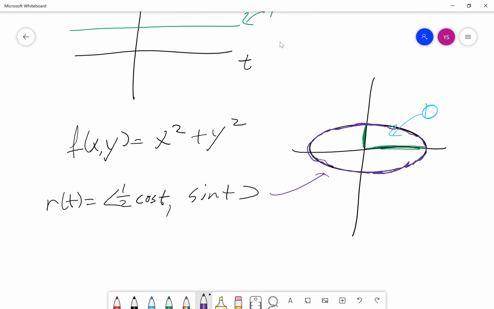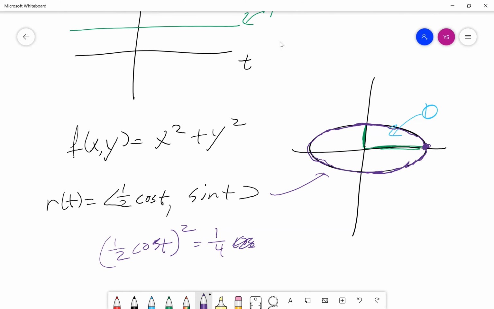And of course, when t is 0, your sine is 0. So you get 1/2 cosine of t. This is the point over here. If we plug it in, squared, what is that going to be equal to? 1/4 times cosine t, which is 1.